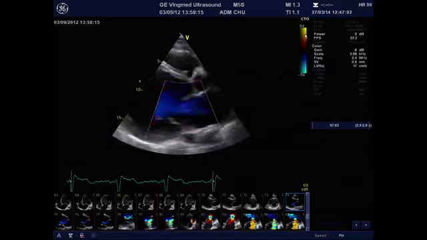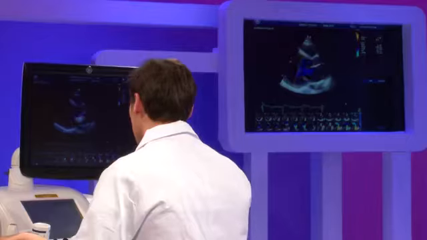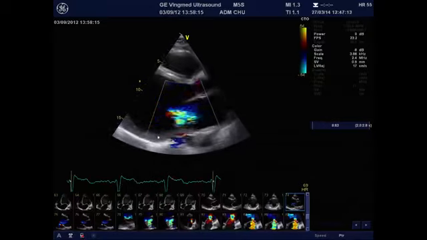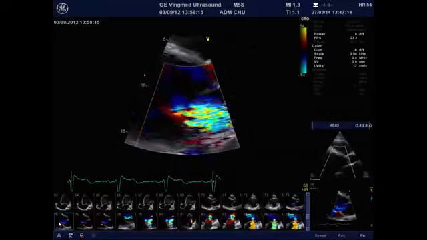Let me show you now all the steps to quantitate the severity of the mitral regurg. And of course, when you have this image with the box here, you can zoom the image and you have your regurgitation.